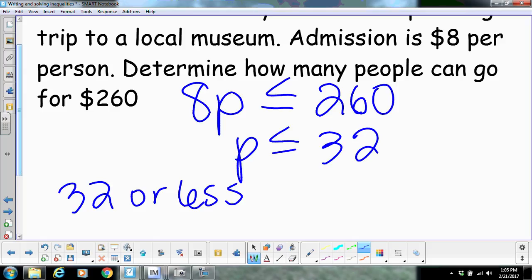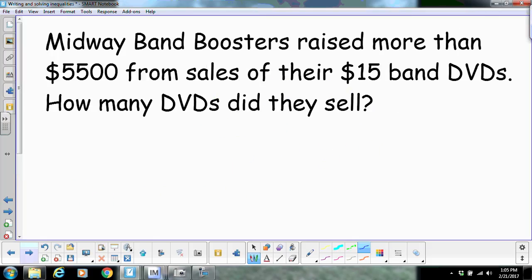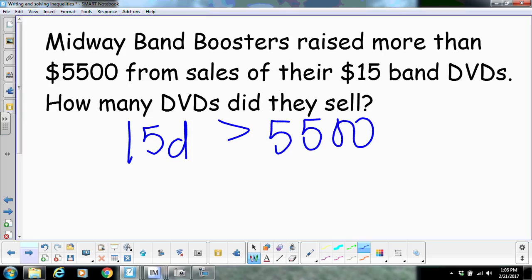Got one more. All right, Midway Band Boosters raised more than $5,500 from sales of their $15 band DVDs. Okay, so we know that $15 per DVD was going to be greater than, it says more than, so not even equal to, greater than 5,500. All right, divide by 15, what'd you get?